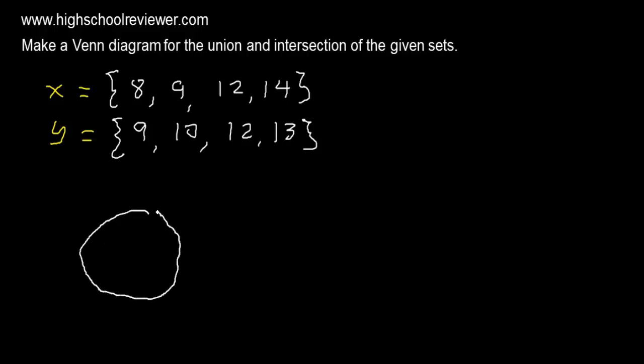So this will now be for X, and there will be an intersection. So they will be intersecting here.